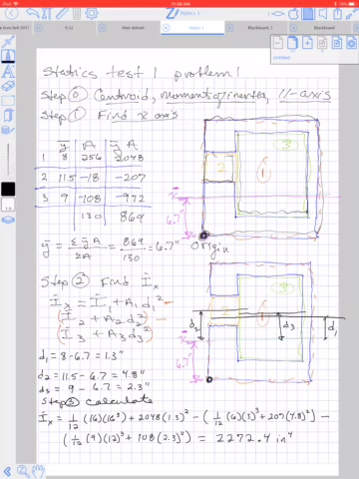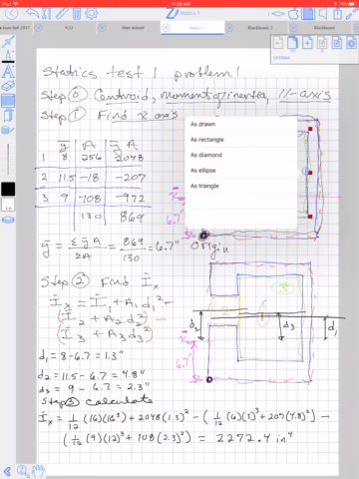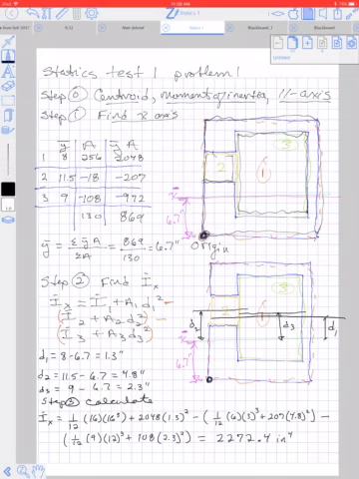and this piece. So I make a nice little chart over here for each of the pieces, piece 1, 2, and 3. What's the y bar up from the origin? 8, 11 and a half, 9. Calculate the area, do the y bar A. And the y bar is going to be the sum of the y bar A's over the sum of the A's.